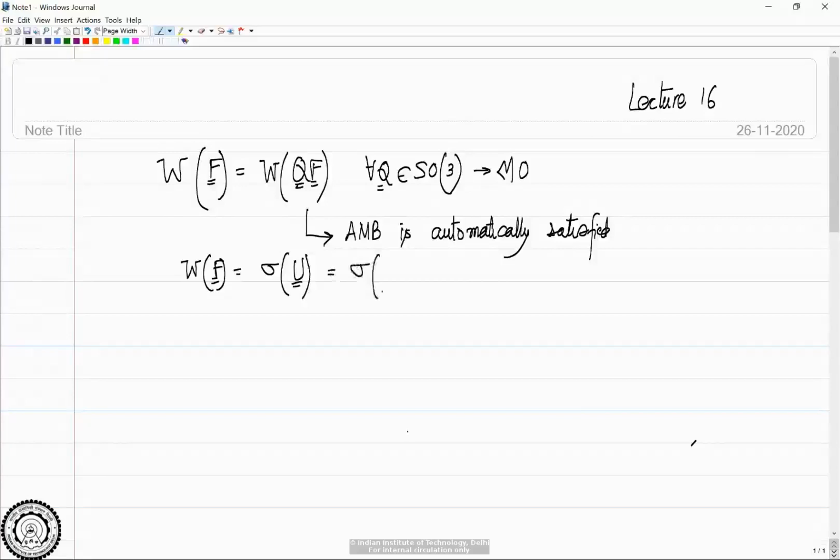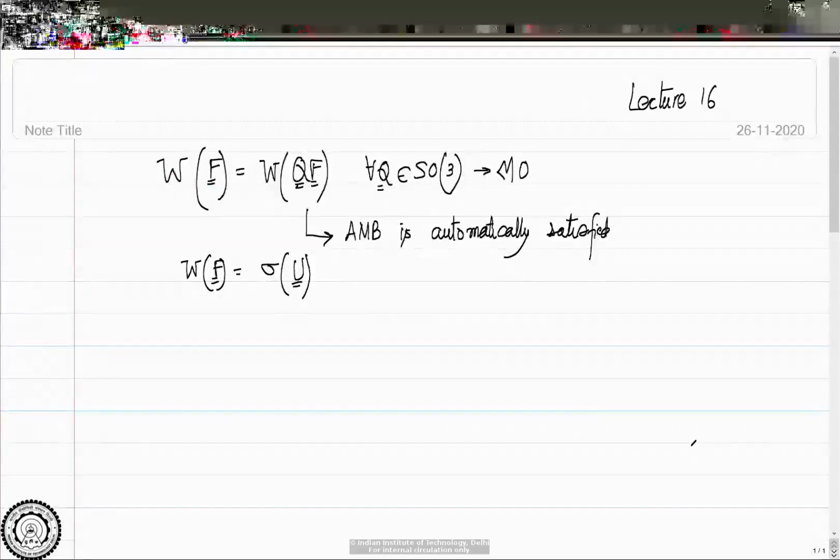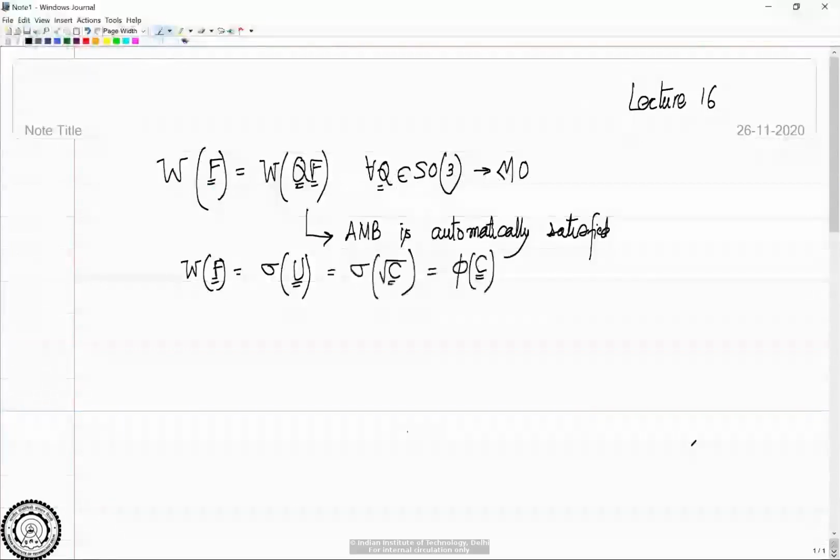And then we said since it is the same as sigma of square root of C, it is equivalent to a function, let's say phi of C, and we know that C, the right Cauchy-Green tensor, contains all the information of the strain. All right, so this kind of makes sense.